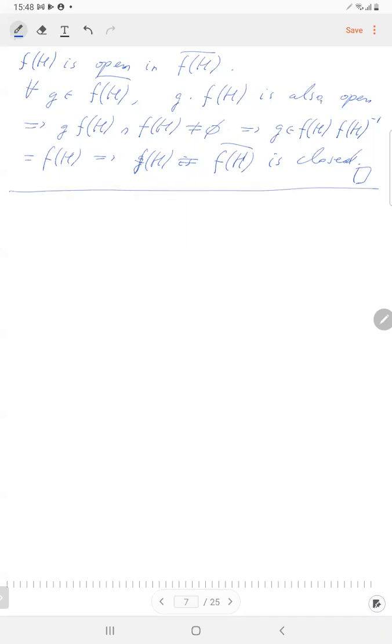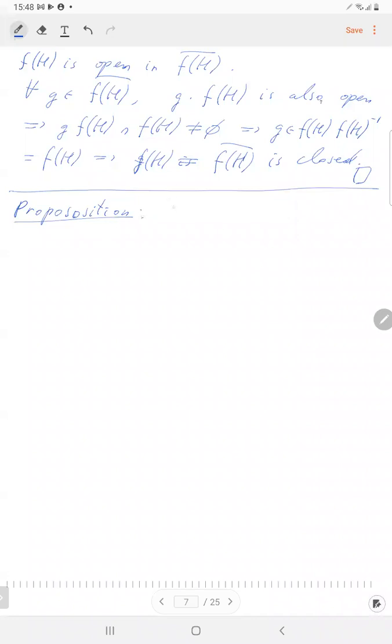And now another important result, which was in the exercises and was used in the exercises, about semi-continuity of the dimension of fibers.